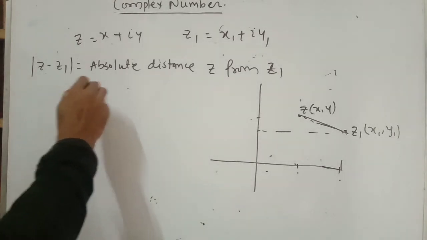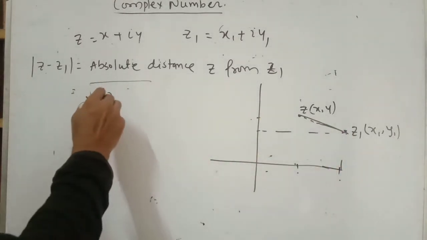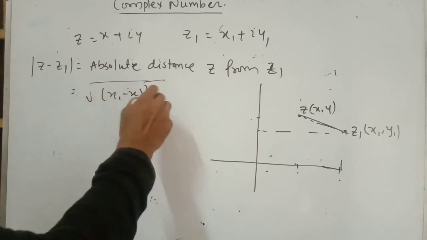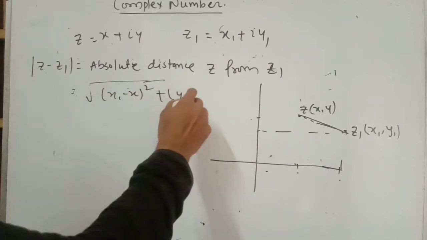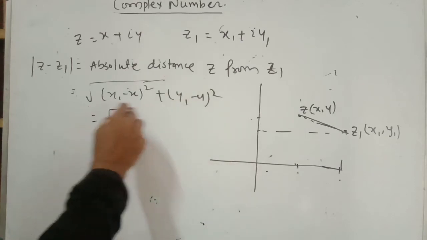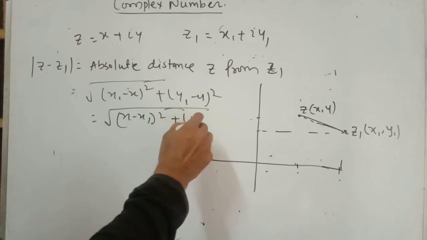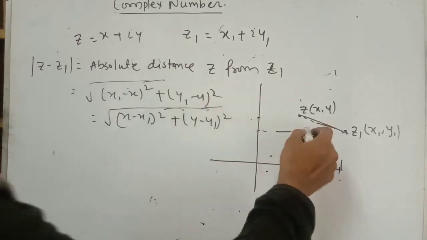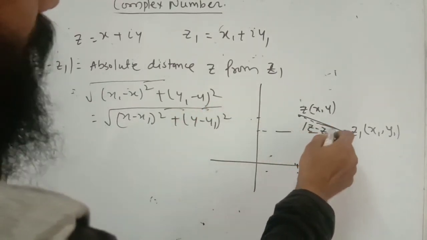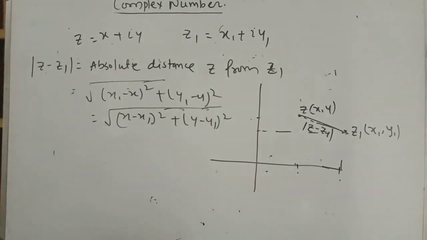So here you can write x minus x1 whole square and y minus y1 whole square. That means this is modulus of z minus z1.